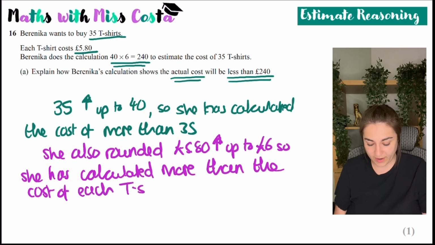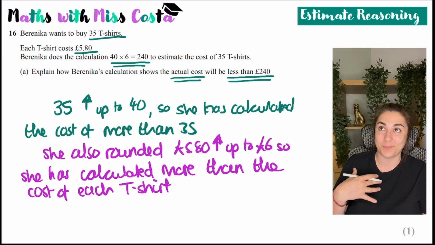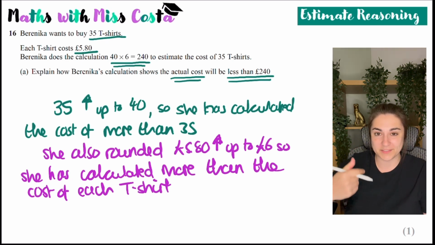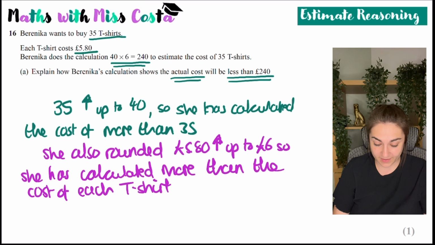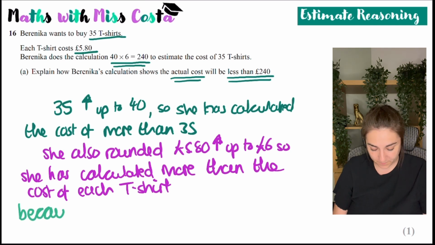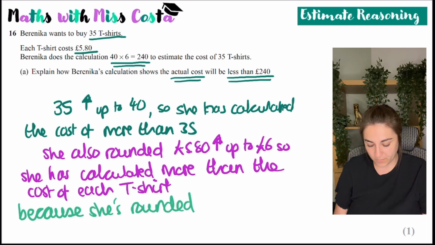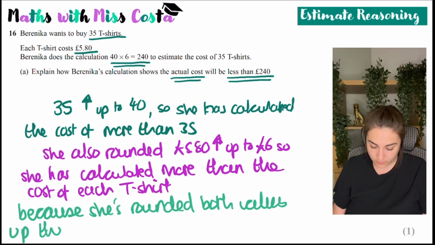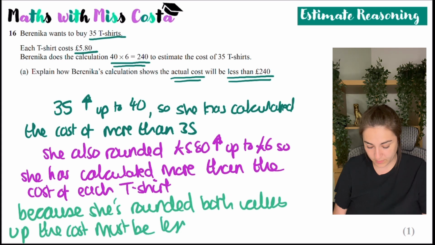So because she has rounded each value up, that means that the cost is going to be higher, and also the amount of t-shirts she's calculated is going to be higher. So because she's rounded both values up, the cost must be less than 240.